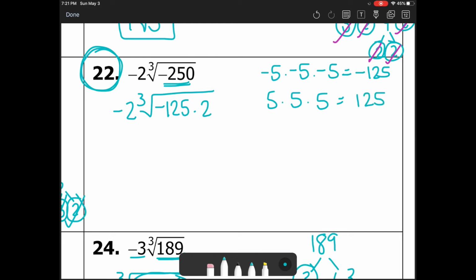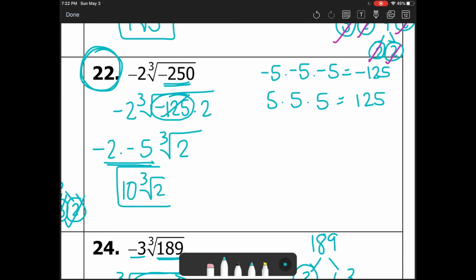So I can jump straight to the cube root of -125, I know is -5, so I can take the -5 out, keep the 2 under the radicand, simplify this, which becomes a +10 cubed root of 2.